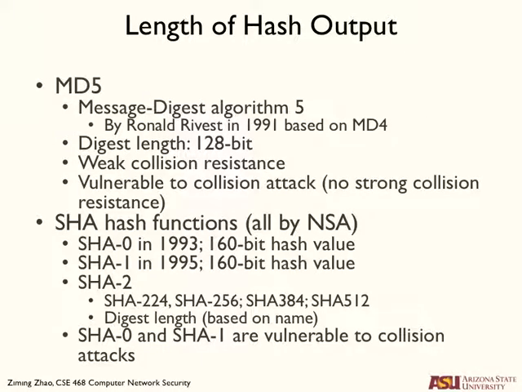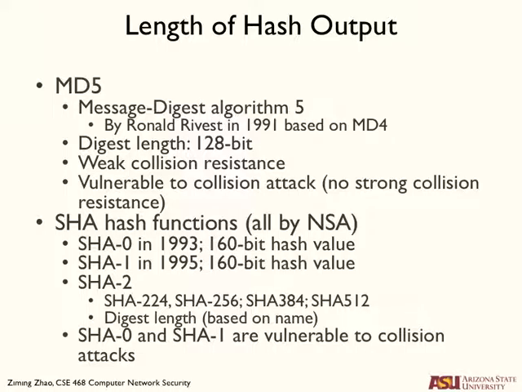So this is the length of hash output. MD5 was proposed by Ron Rivest in 1991. He has been a leading researcher in cryptography for many years. He invented RSA, MD5, RC4, and a lot of other algorithms.